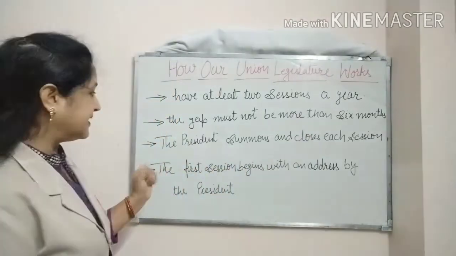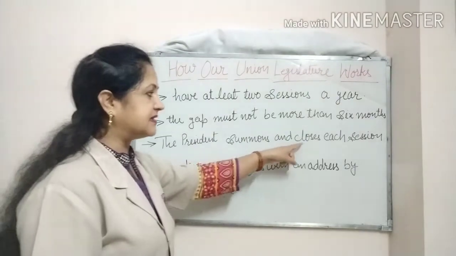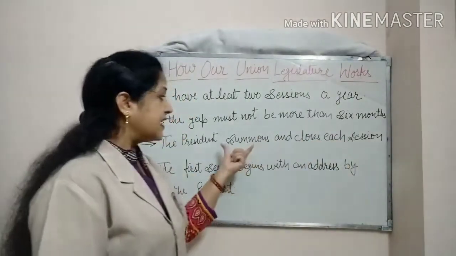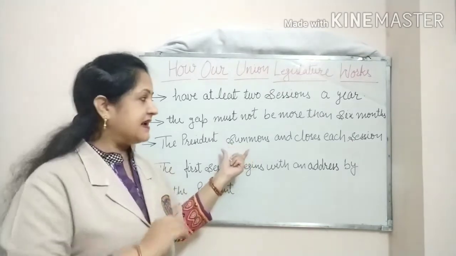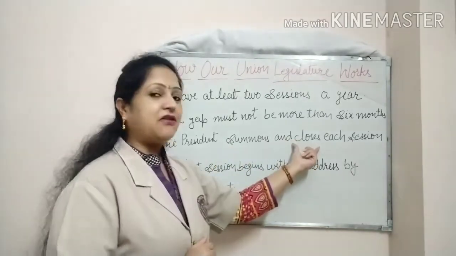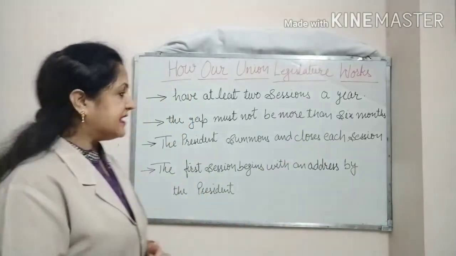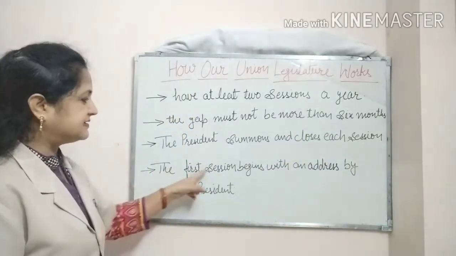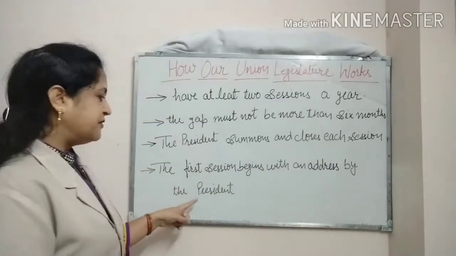Now the third one is the president summons and closes each session. Here summons means calls the session, and after that he only closes the session. Next is the first session begins with an address by the president.